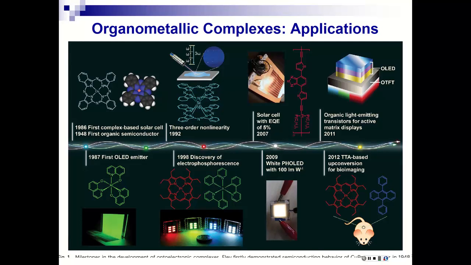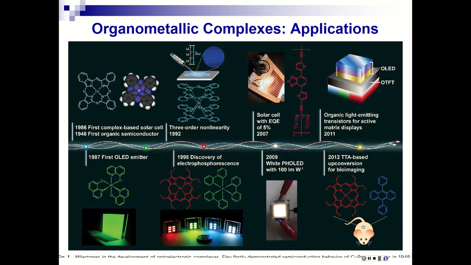So as you can see, there are several applications for these kinds of materials, mainly for imaging and sensing. Different bioimaging sensors, because we target developing organometallics with near infrared emission, so that's for bioimaging applications.